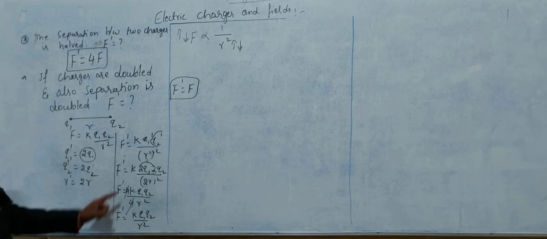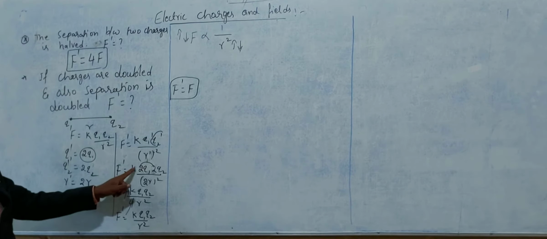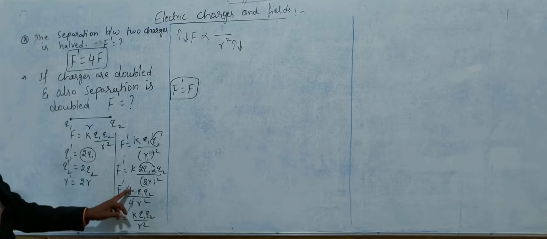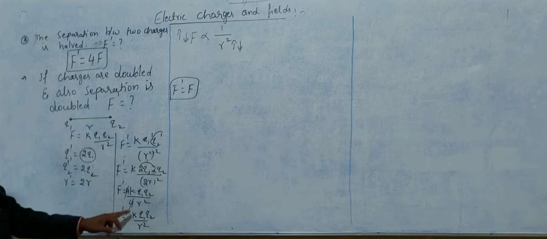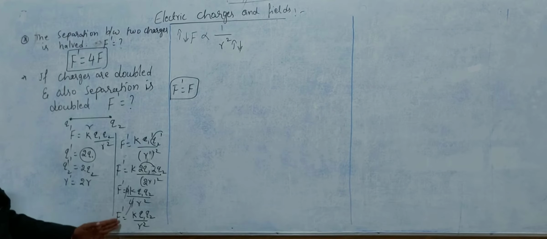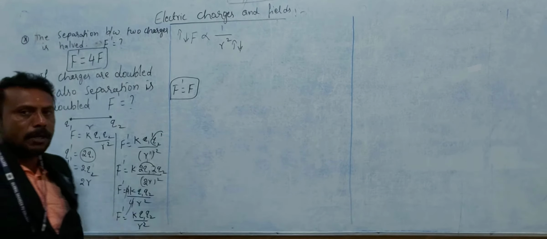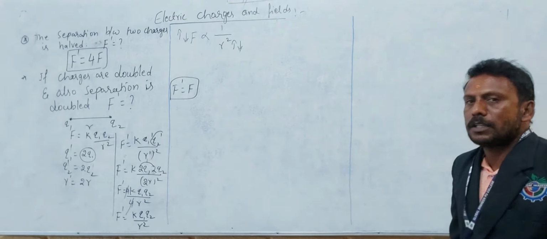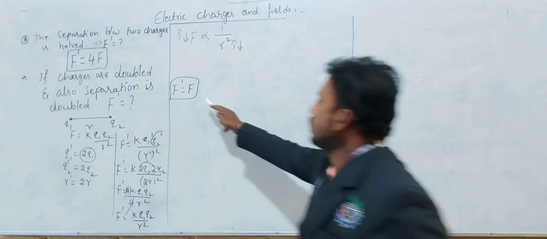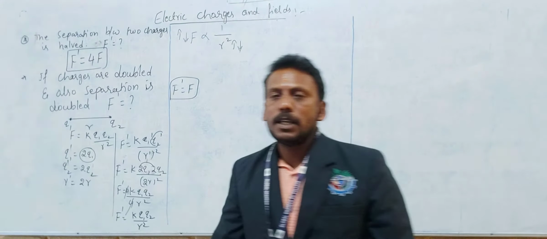Therefore 2 twos are 4, k q1 q2 divided by 4 into r square, the 4s cancel, and F dash is equal to k q1 q2 divided by r square. Therefore if the charges are doubled and the separation is also doubled, the force remains the same.